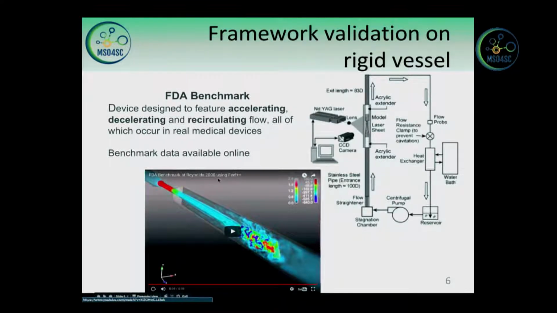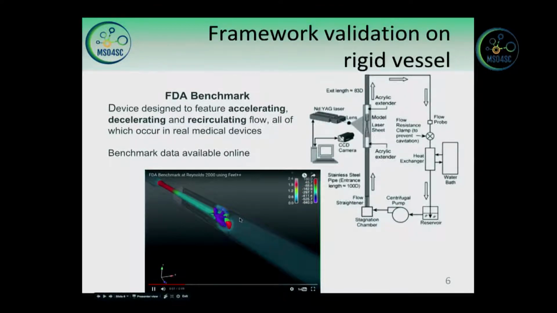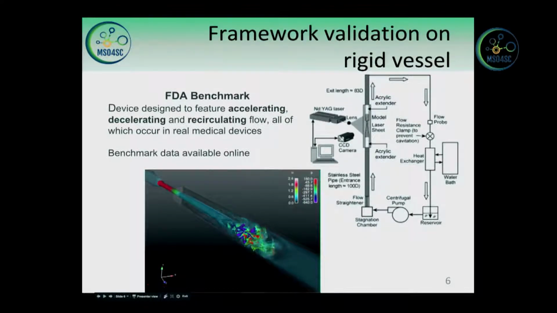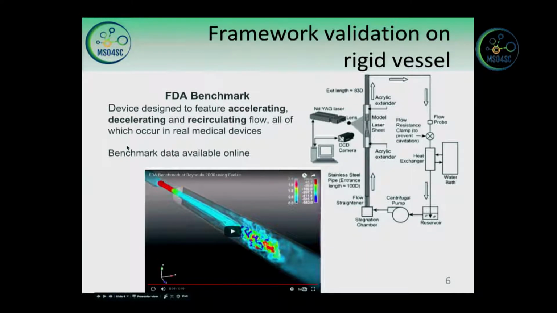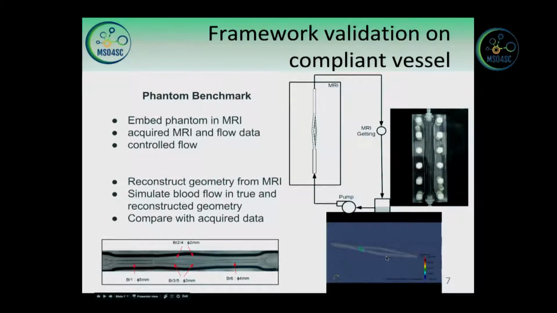A lot of data is available online. Also different codes, software, but also with PIV measurements which are available. So it's also published.